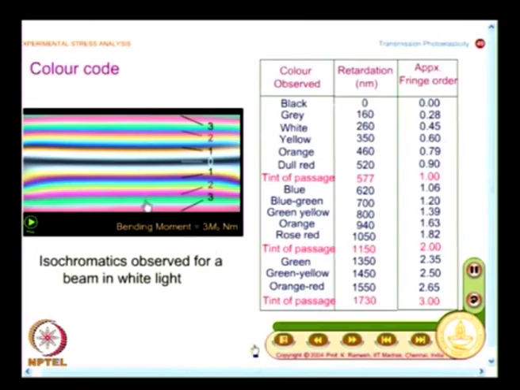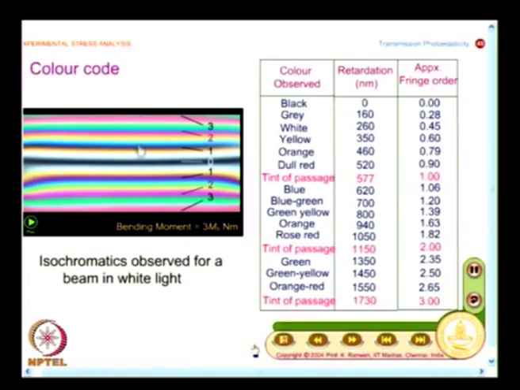a fairly good idea. When it is black I have fringe order 0, when it is a blue red transition you have fringe order 1, and rose red and green transition you have fringe order 2. Similarly, you have orange red and a shade of green which is fringe order 3.